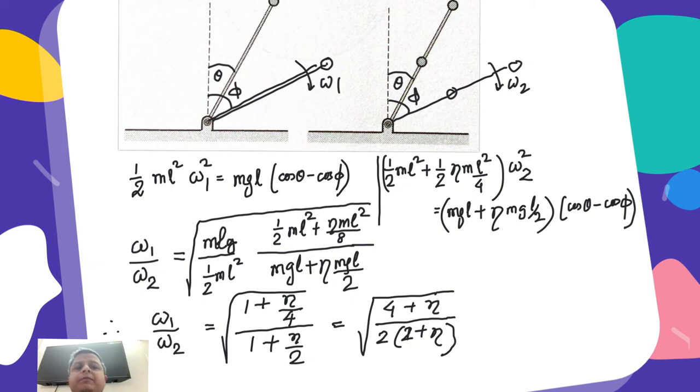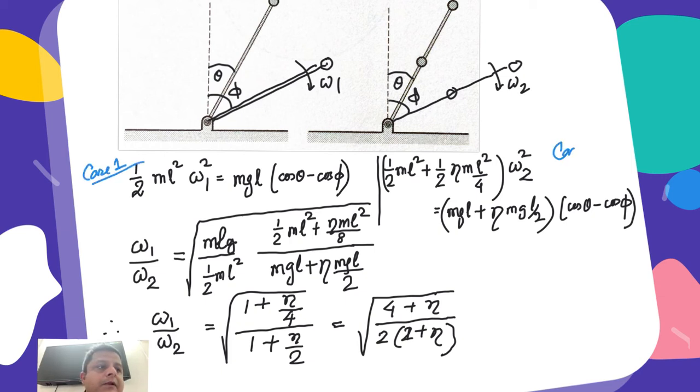Now we will apply the work energy theorem. Half I omega 1 square equals the loss in potential energy, that is mgl times cos theta minus cos phi, right? There is mass only at the top bead, so that's for case 1.